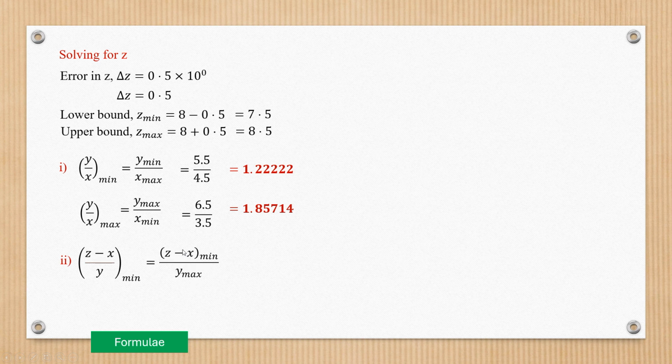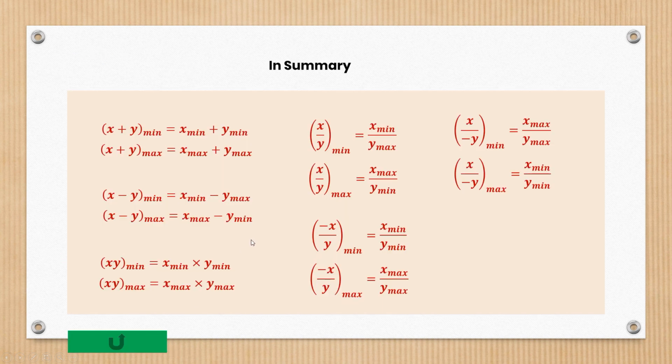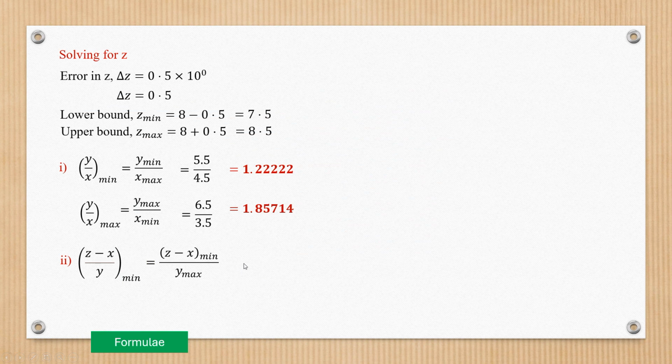Now inside here there's also a subtraction. Now we need to look for how to find the minimum value of a subtraction. Now let's look for that. When we are looking for the minimum, we'll have x min, which is this first value minimum, minus this value maximum. So in this case we shall have z min minus x max over y max, and this is how we actually break it down.